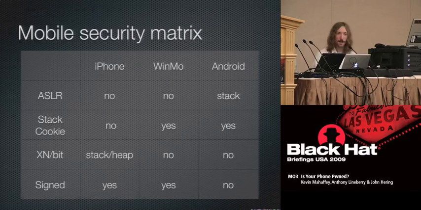Windows Mobile will, I believe, allow unsigned code to run, but installation will give a prompt to the user. But on the iPhone, at least on a stock iPhone, all code that's running on there needs to be signed. Android, they don't code sign their apps, but they do kind of use a known bad list, which we'll talk about.